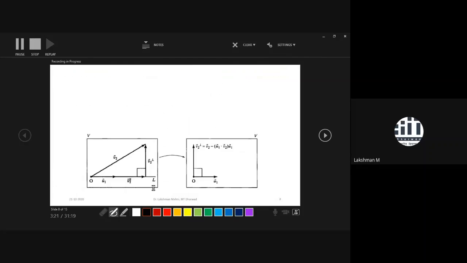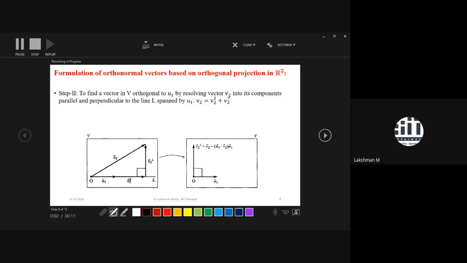Next, what will we do? This next step is very important, a very crucial step. In step 2, we have to get U2. We have already seen U1.